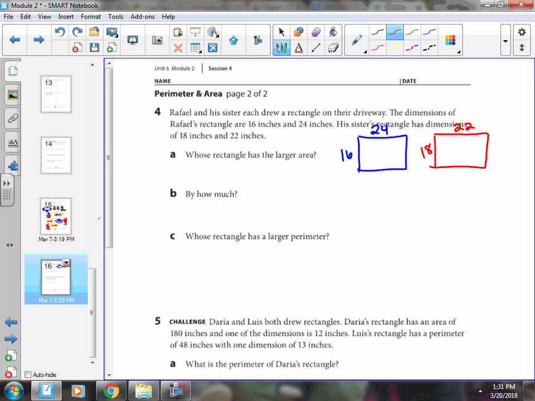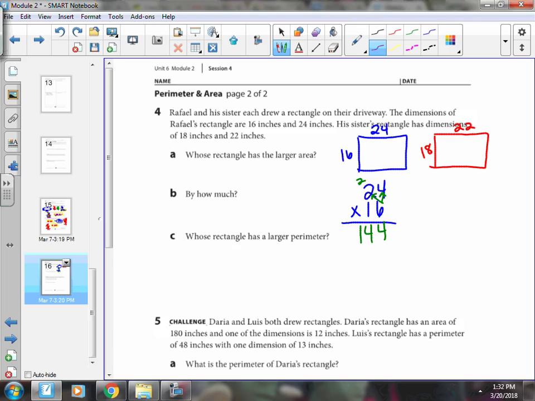So first I'm going to do Raphael's multiplication. 24 times 16. I feel like a little more space would have been nice, but we'll make it work. I'm going to do 6 times 4, then 6 times 2. 6 times 4 is 24. 6 times 2 is 12, plus 2 more is 14.